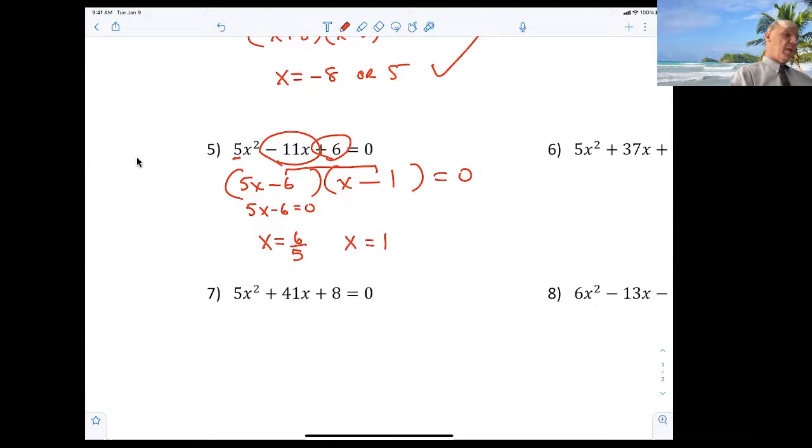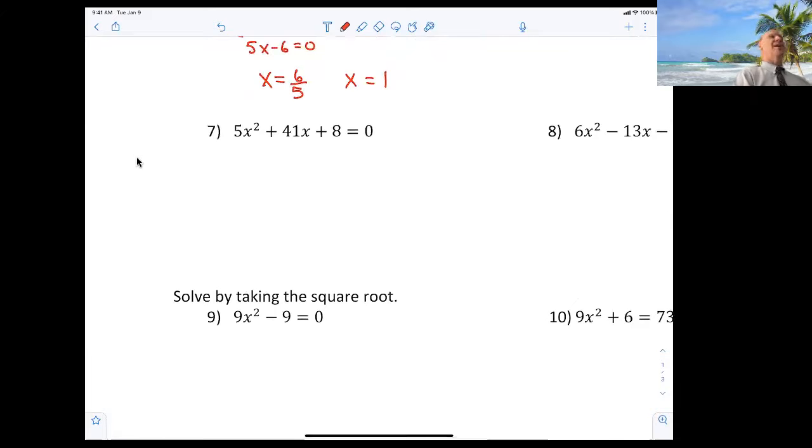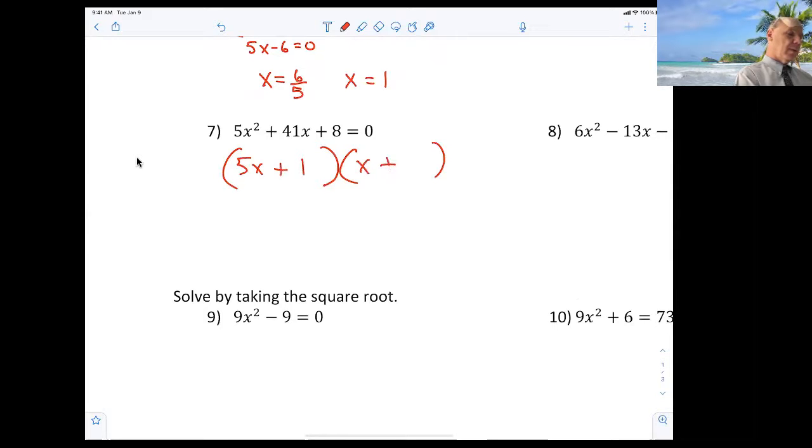All right, here we go. Number 7. We are factoring that to what? 5x plus 1, x plus 8. Anybody agree with that? This is 1 and 40, makes 41.